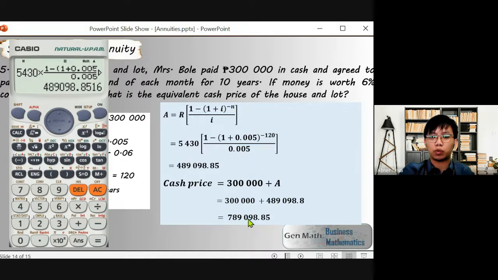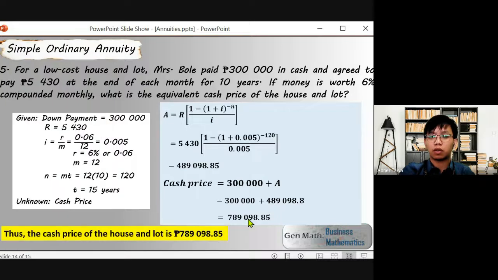So that is the price of the house and lot at the moment he bought the house and lot. Okay, and let's have here the conclusion. The cash price of the house and lot is 789,098.85. So that is for our example number 5.